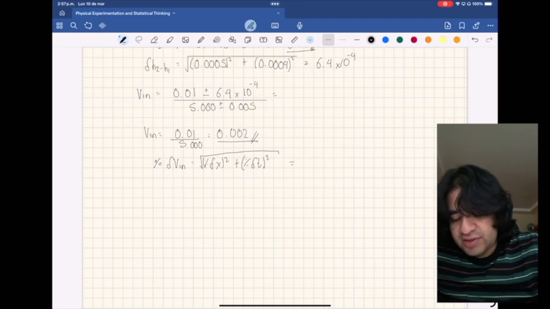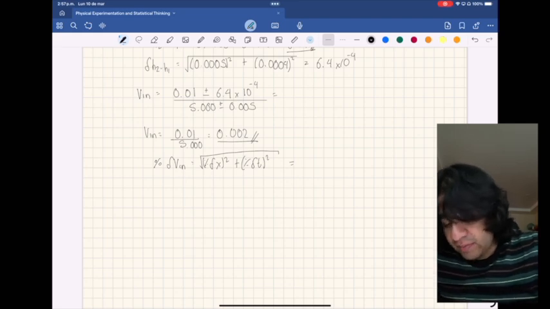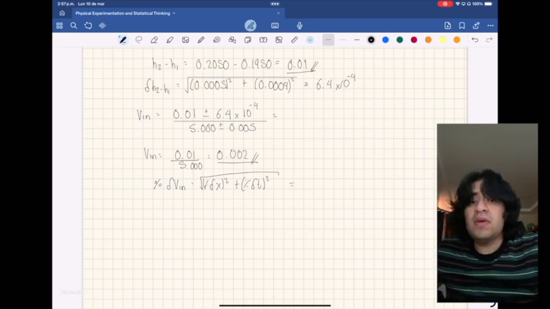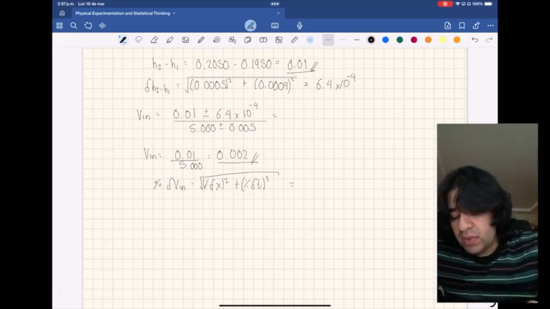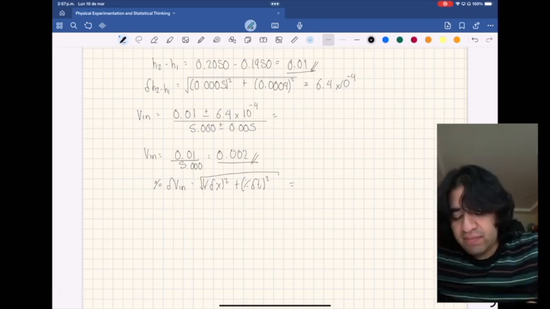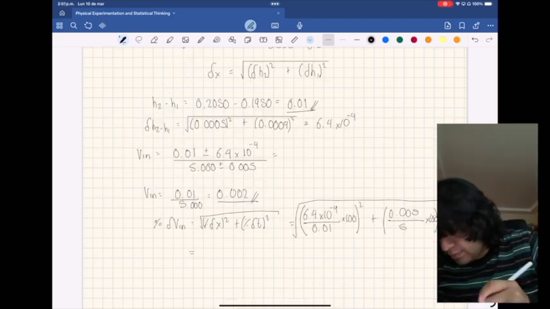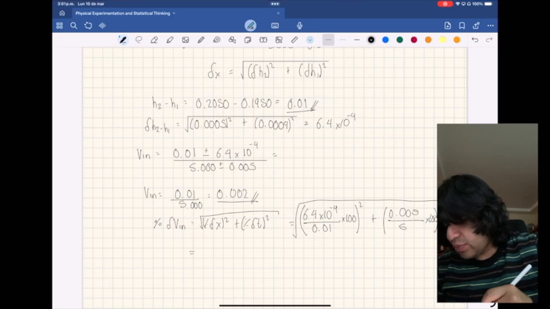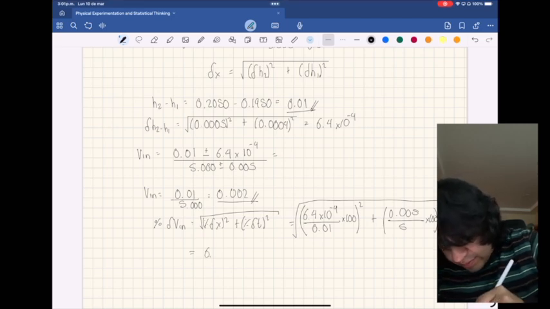The percentages are obtained in the same way. We have to divide the uncertainty with the real value, and that is multiplied by 100. The value for the uncertainty that we determine is 6.4%.